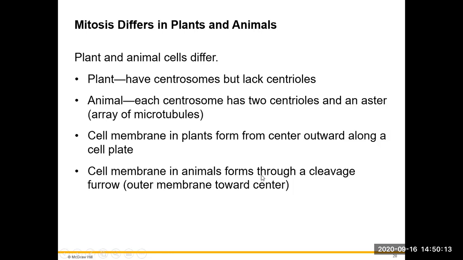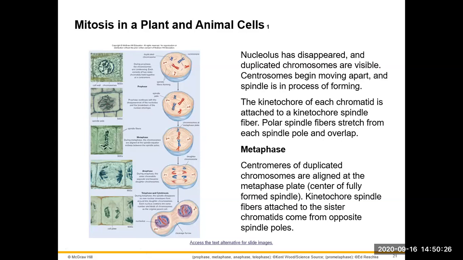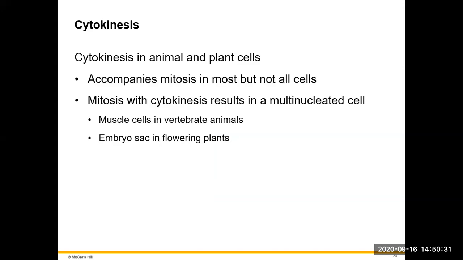For animals, it happens through cleavage furrow, and for plants, it happens through cell plate. This is cytokinesis. This is detailed information about metaphase, anaphase, telophase. Cytokinesis in animal and plant cells.